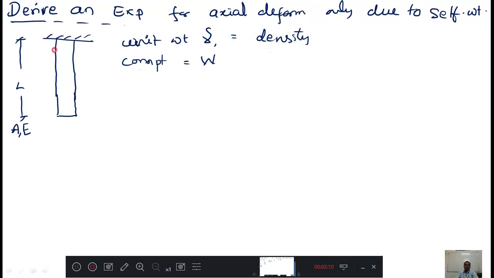And the complete weight means we are just measuring the weight of that. Let it be W and this be gamma.